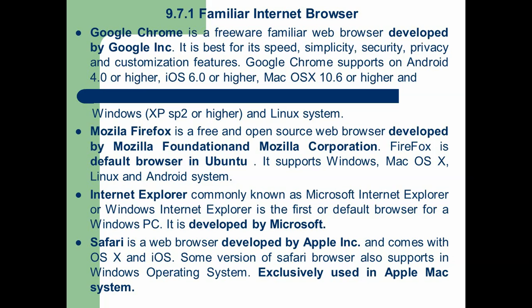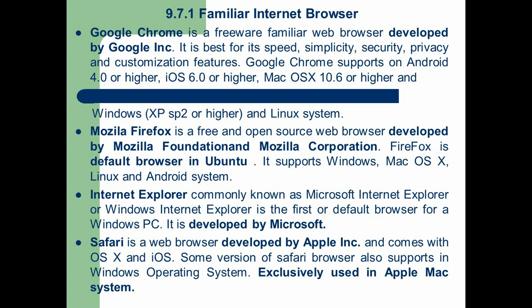Google Chrome supports Android 4.0 and higher, iOS 6.0 or higher, and Mac OS 10.6 or higher operating systems. It also supports Windows XP and Linux operating systems. Google Chrome is also available for mobile systems. That's why the Android and iOS operating system names are mentioned.